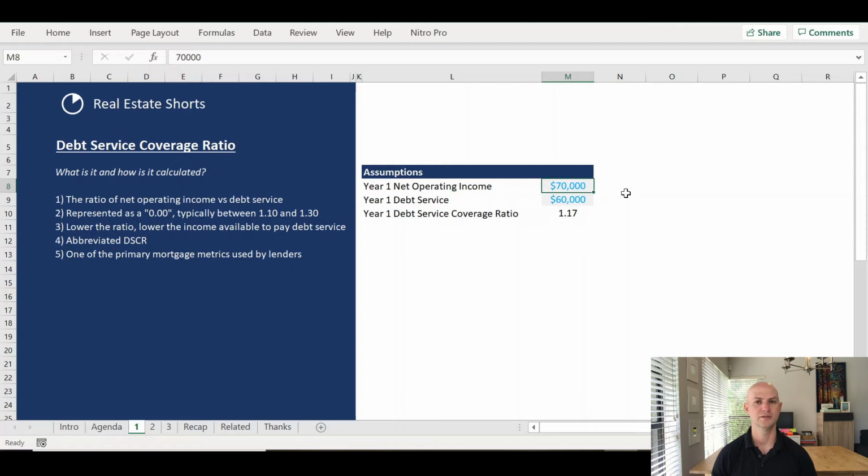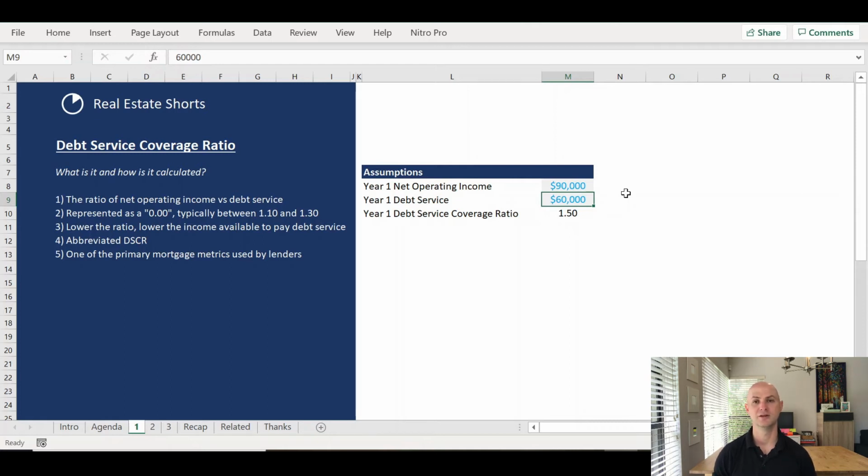Again, just to illustrate the point, what if your lender came back and said you needed to have 1.5 times coverage? You would have to earn $90,000 versus the original 80 or something less. It's always going to be represented as a decimal. So one time would be 1.00, or 1.2 times would be 1.20.